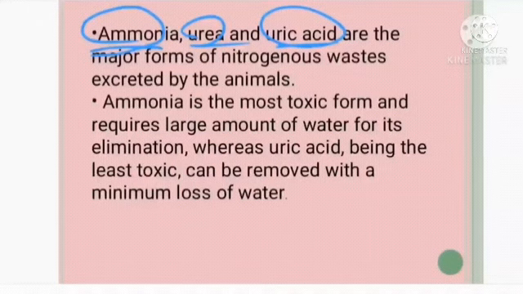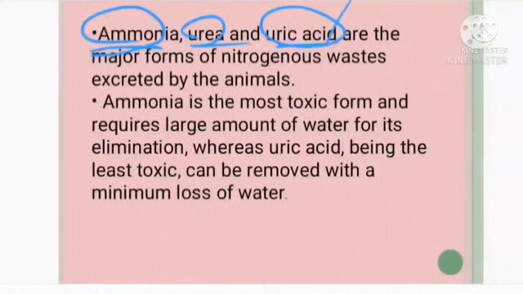The urea is eliminated from our body. And reptiles as well as birds give out nitrogenous waste in the form of uric acid. They do not have a fluid like urine. Instead they have a semi-solid urine. That is uric acid.